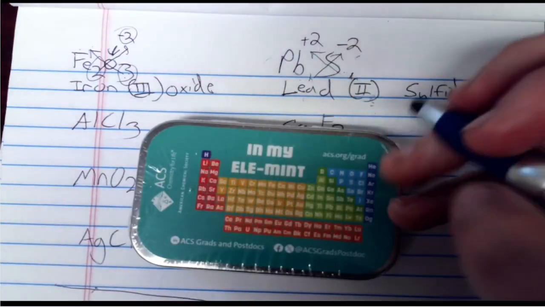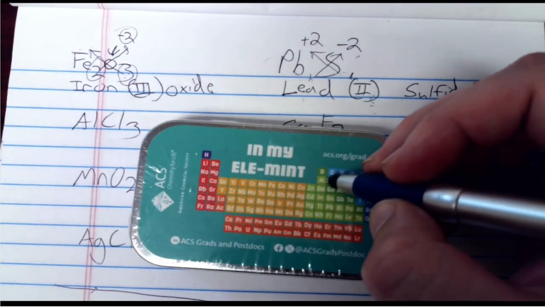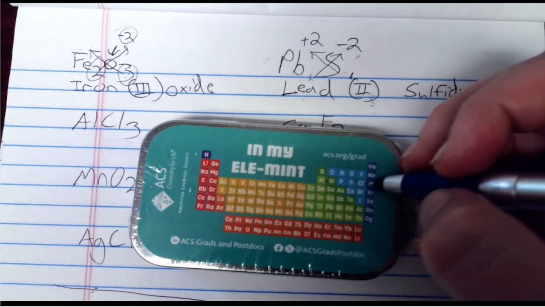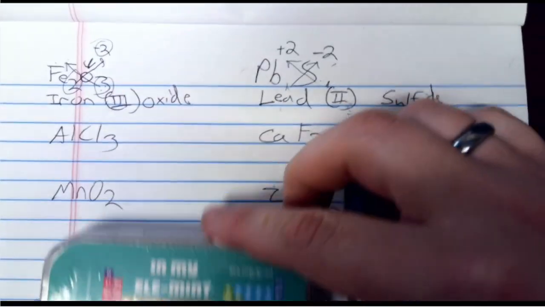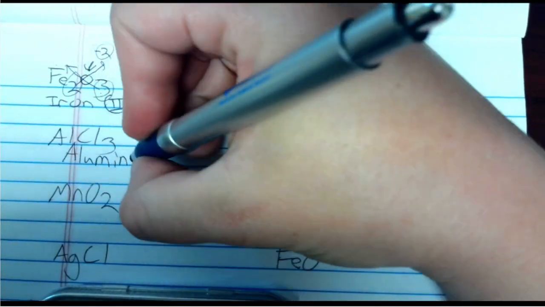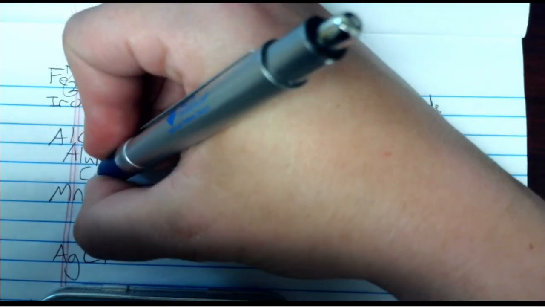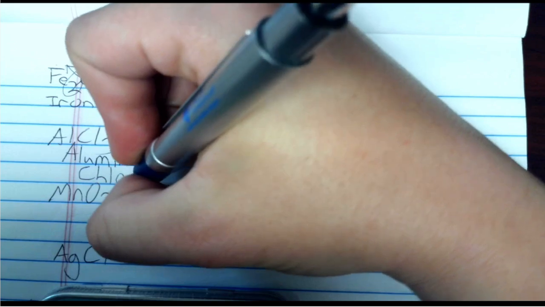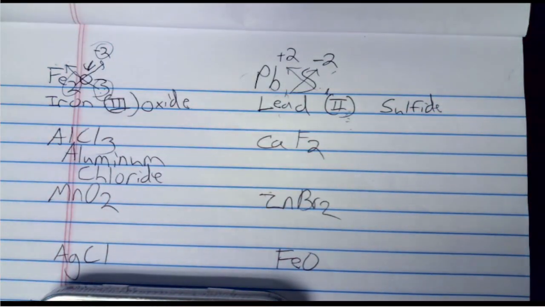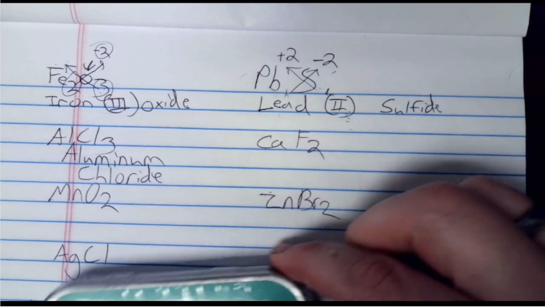And that 2 plus, we have Al, which is in group 3A. Pretty straightforward. Cl, which is right here, 7A. We don't even need to know the charge. We can just say aluminum, or if you're British or European, it's aluminium. But if you're American, it's aluminum chloride. Chloride.